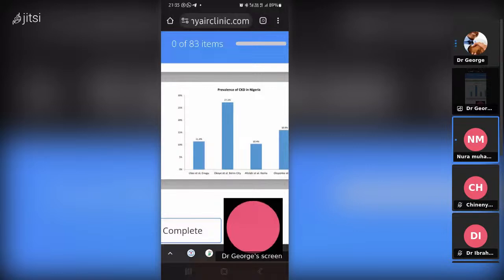All of those are secondary causes, and even RPGN, rapidly progressive glomerulonephritis, different kinds of neoplasia, amyloidosis, thrombotic thrombocytopenic purpura, and endocarditis.